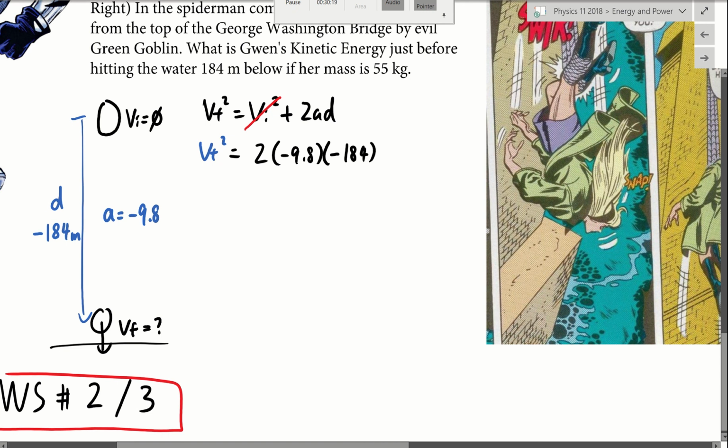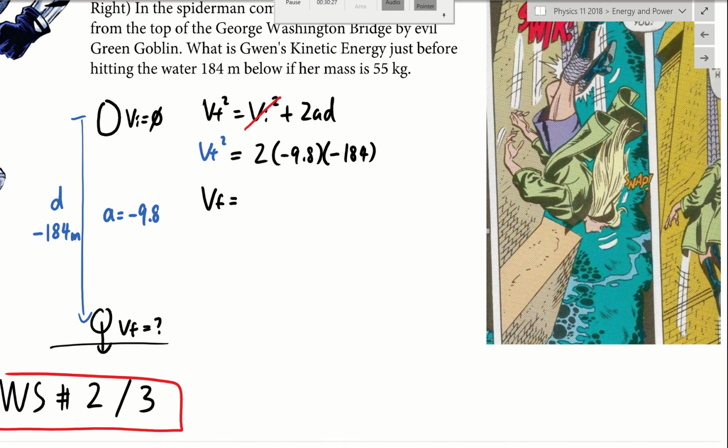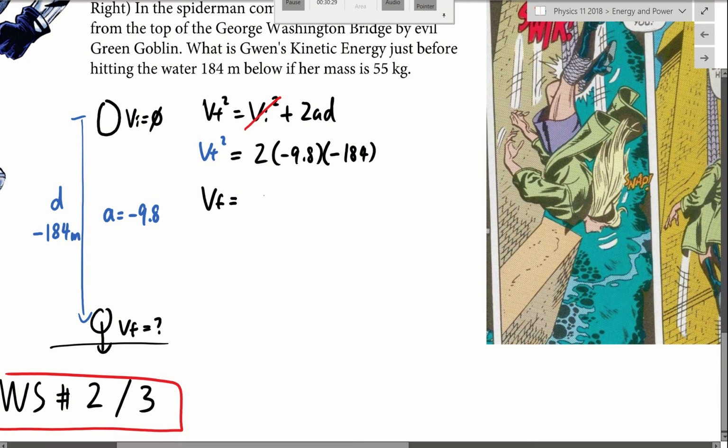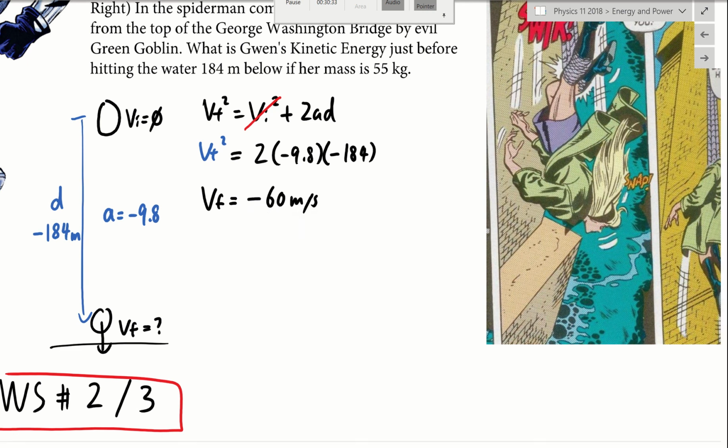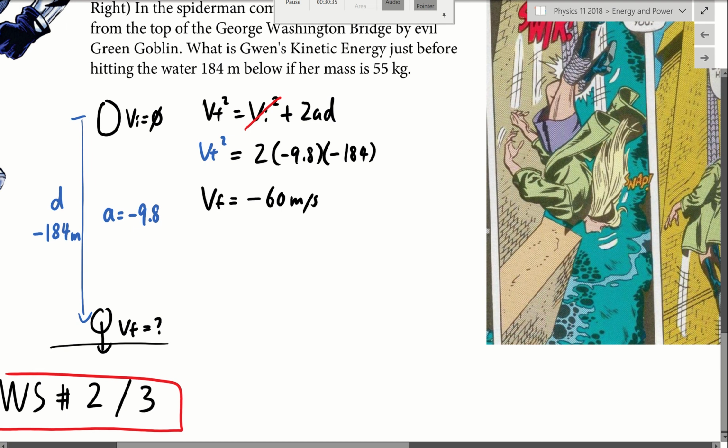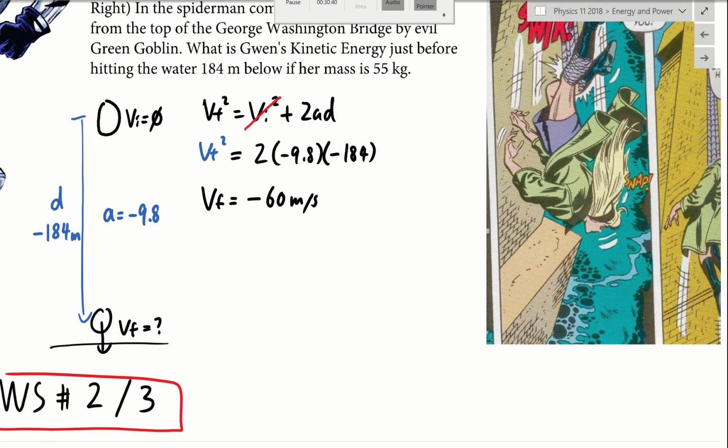So she fell 184 meters, right? Take a square root at the end, and you get the V final. Now let me do it in my calculator. Her final speed just before hitting the ground is negative 60 meters per second. So that's her speed right before Spider-Man catches her.